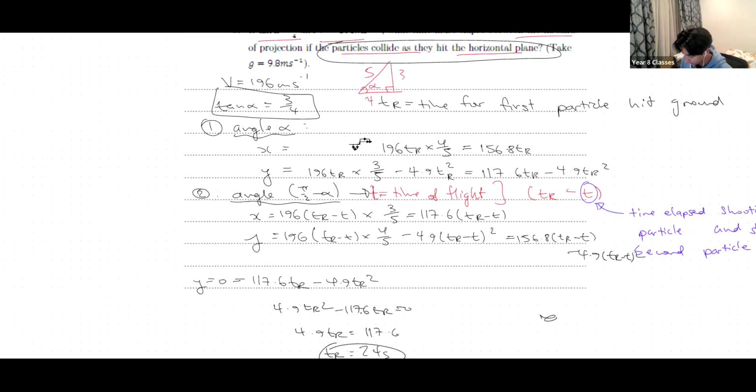And so what x's are equal? What's the actual expression that's going to be equal? 156.8 times 24 equals 117.6 times (24 minus T). Cool. And now just solve for T.